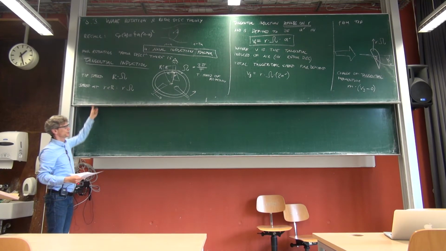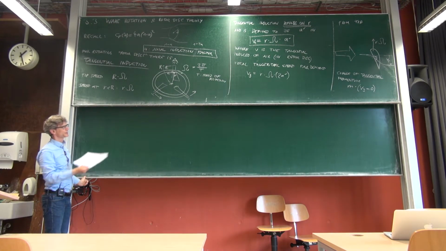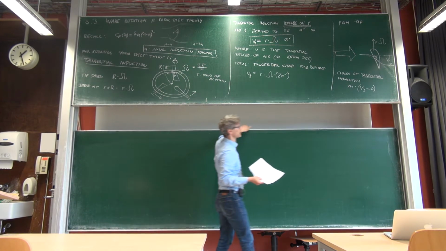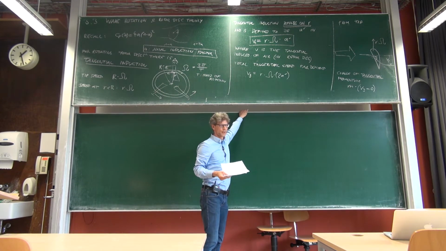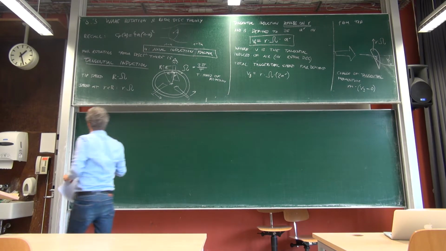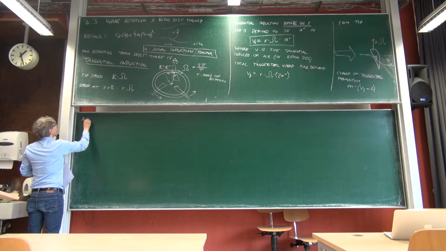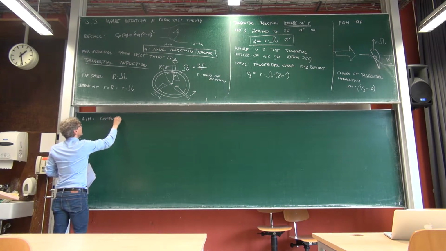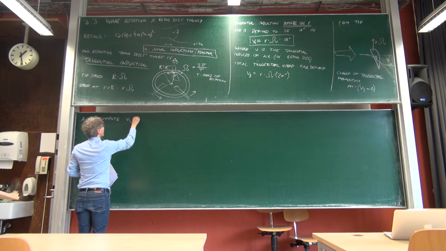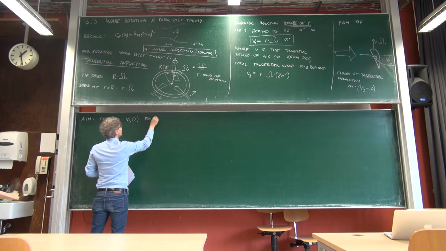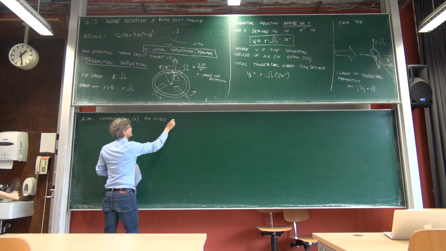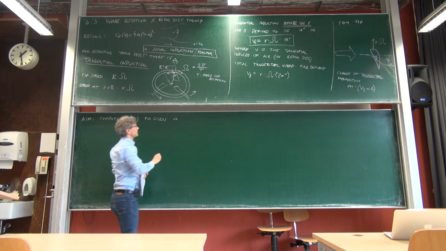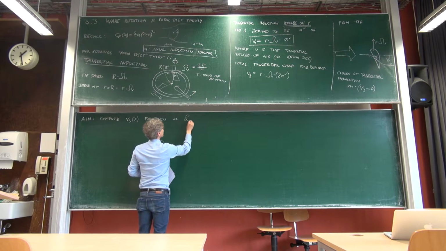So now I want to compute what size V3 needs to have, and then implicitly what would be the induction factor. So at the end I want to compute V3 as a function of r for given a and omega.